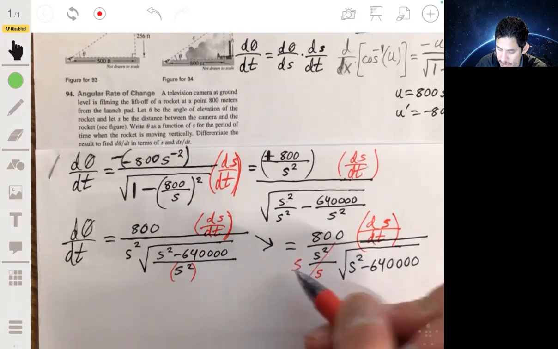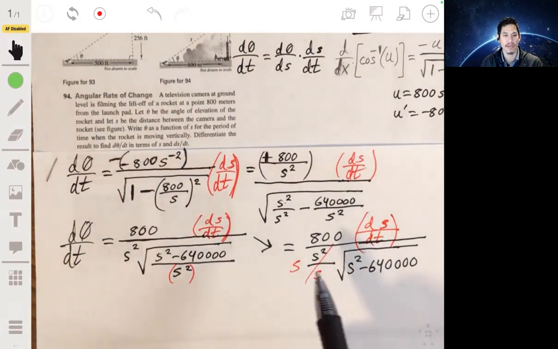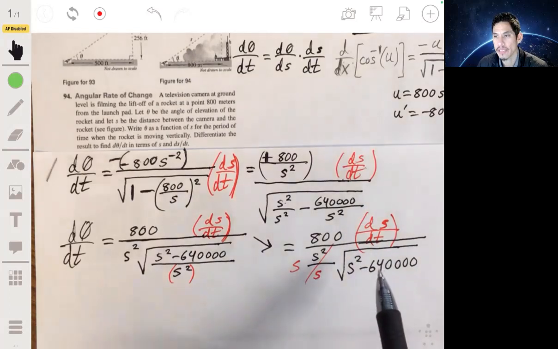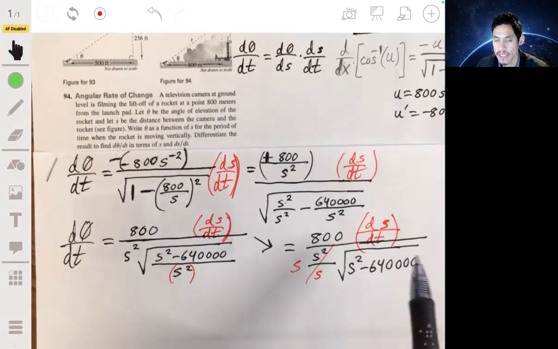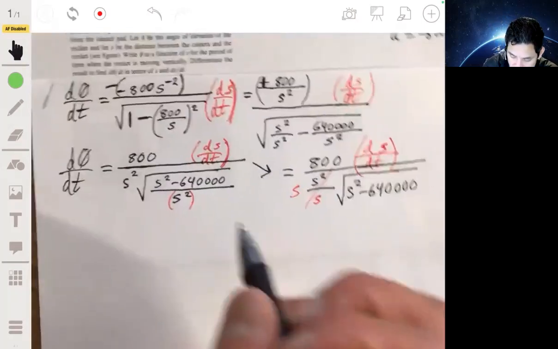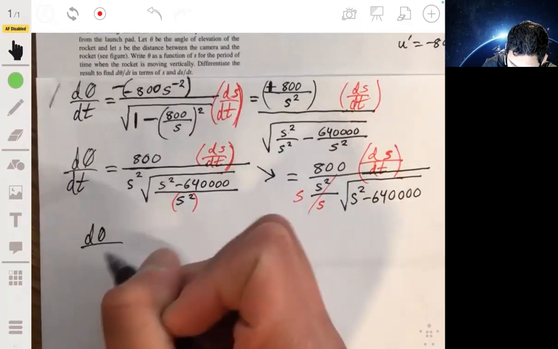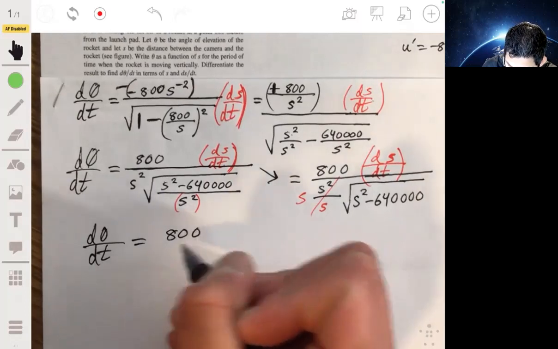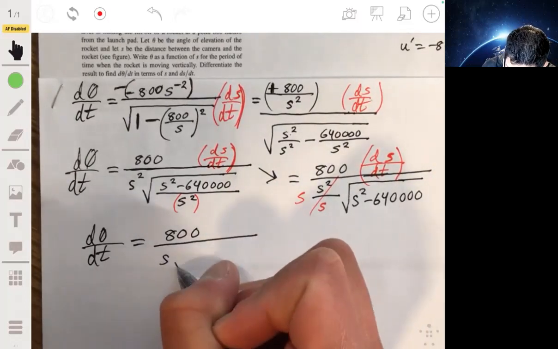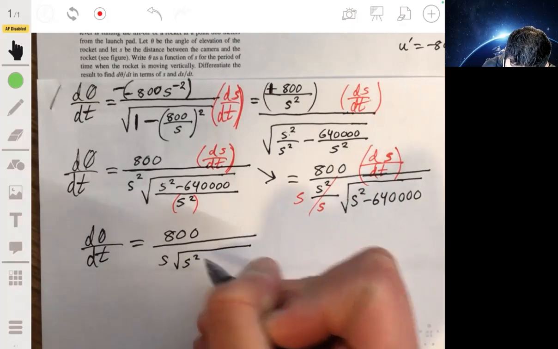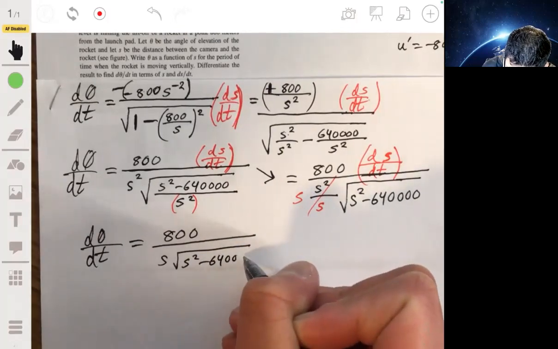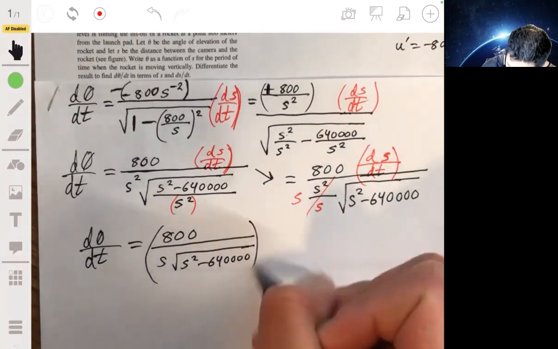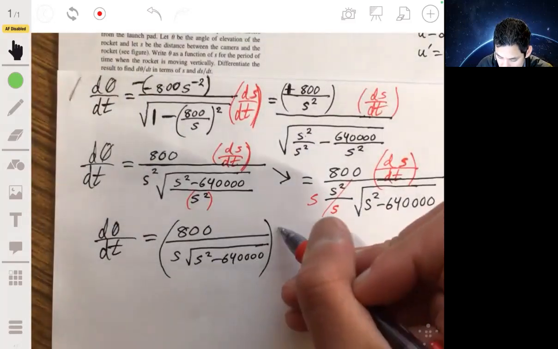And that just becomes s. So really, we just have 800 over s times the square root of s squared minus 640,000 times ds dt. So really can't clean this up anymore. Let's just write it all nice and clean: 800 over s times the square root of s squared minus 640,000 times ds dt.